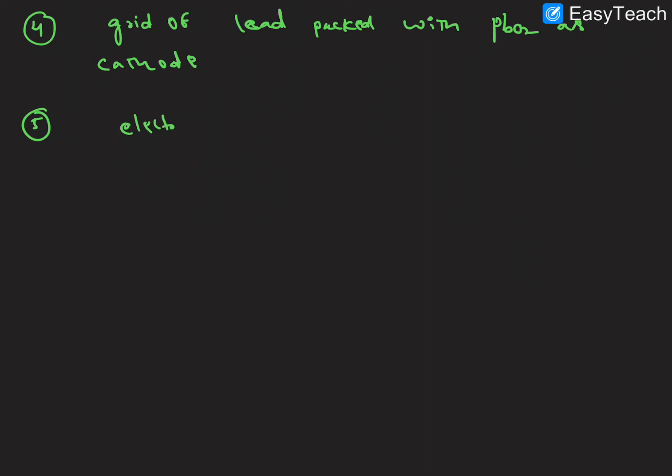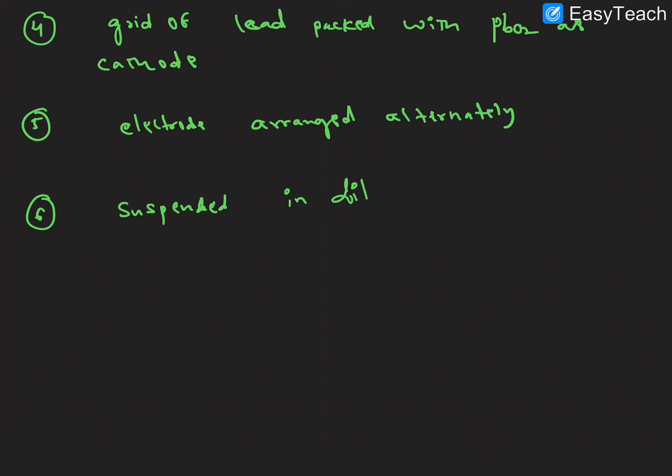Next one we already discussed, the cathode and anode electrodes are arranged alternately. And the sixth point here, they are suspended in dilute H2SO4.